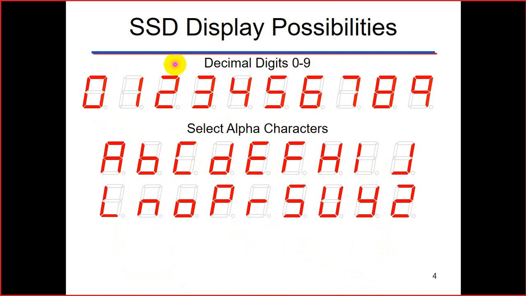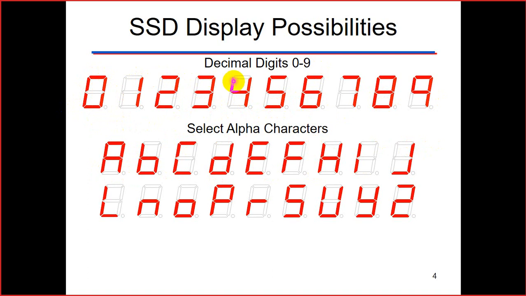So these are the things we can display: decimal digits 0 to 9, 0, 1, 2, 3, 4, 5, 6, 7, 8, 9, and these alpha characters can be displayed. The important point to note over here: some segments are active or on, and some segments are off.